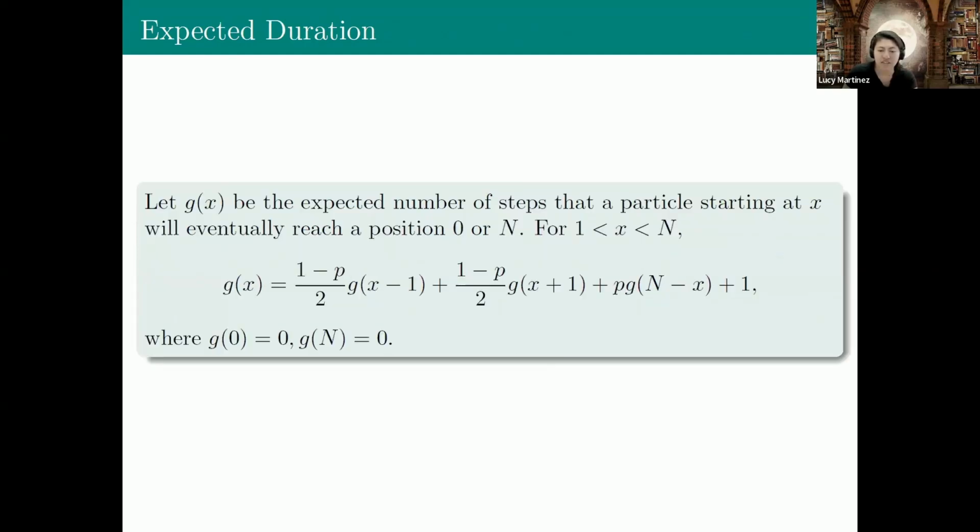And similarly to the classical gambler's ruin problem from the beginning, this also satisfies a recurrence, which is very similar. In this case, we're just replacing the half here, and then the p over there, and the g of n minus x.